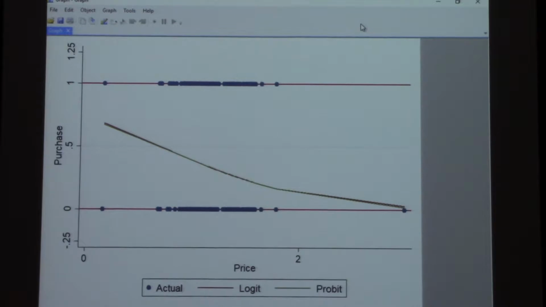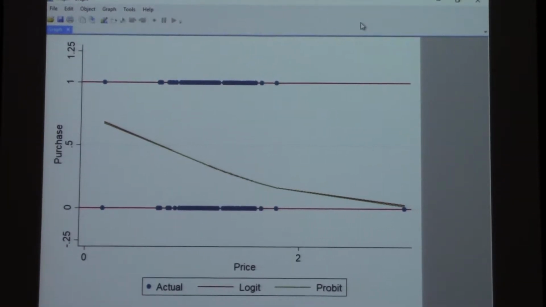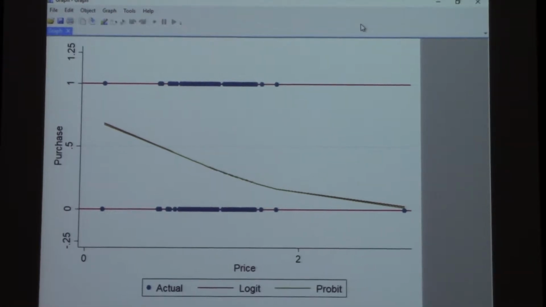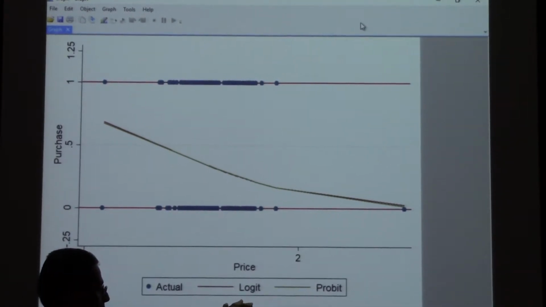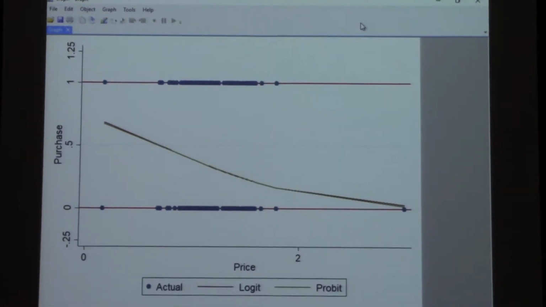I don't think I mentioned this in the PowerPoint, but distributionally, they're very, very similar distributions. The logit has fatter tails, and we're going to get some differences, and those differences will most likely be in the tails. But the reason they came out with the logit process in the first place was that it was computationally more efficient.